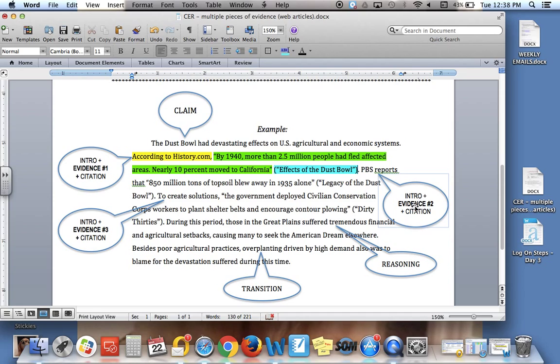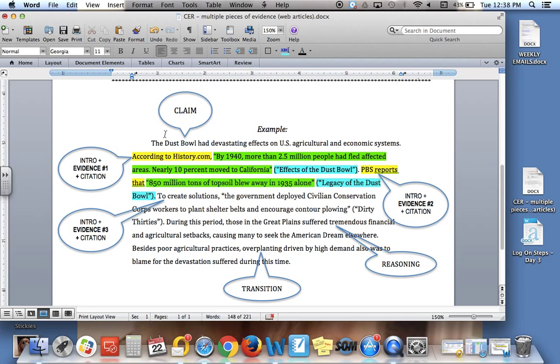Now I'm ready for my second piece of evidence. I need to introduce it. PBS reports that. That is an introduction. Now the evidence: 850 million tons of topsoil blew away in 1935 alone. This is evidence. It belongs in quotation marks to indicate that it's borrowed from an outside source, and it must be followed by a citation, the name of the article where it came from.